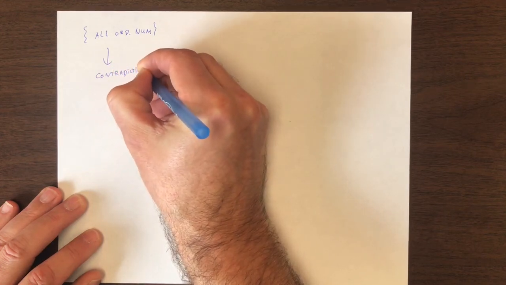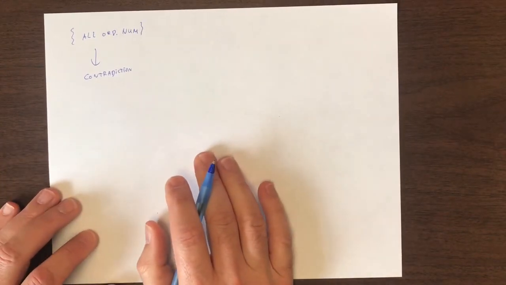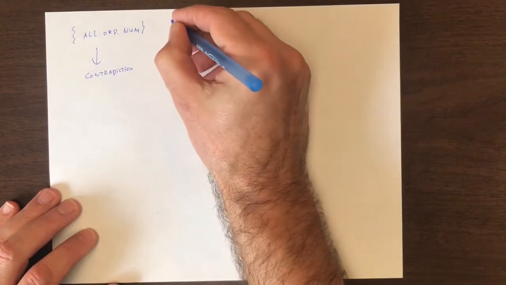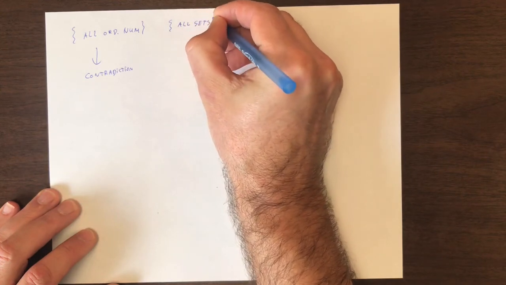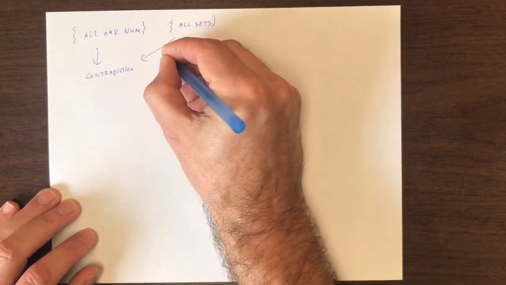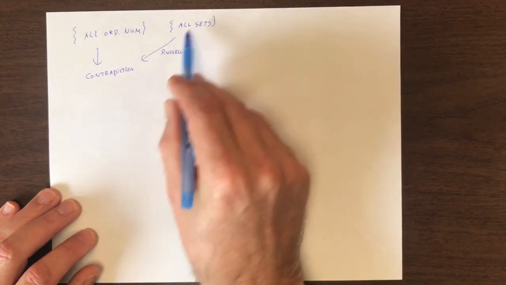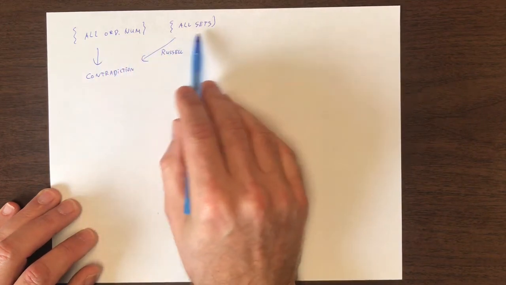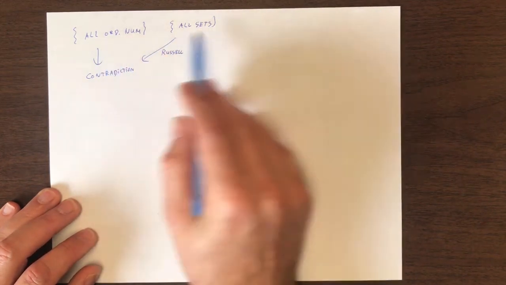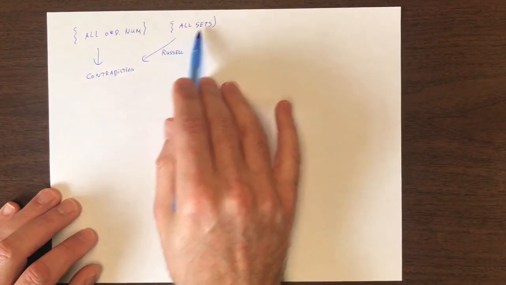I'll just refer to the book for this. But the set of all ordinal numbers leads to a contradiction, just like the set of all sets. The set of all sets leads to a contradiction, that was Russell's paradox. Now you think ordinal numbers are a lot more complicated than just plain old sets. Of course, ordinal numbers are sets, but okay. But this is a lot more technical than this here.